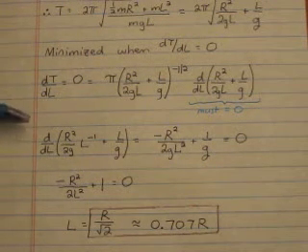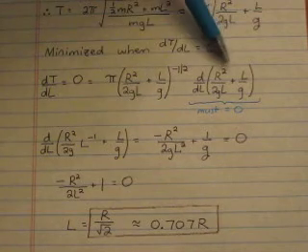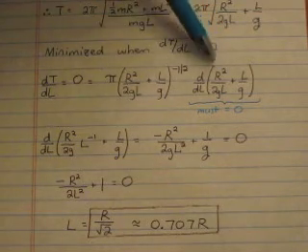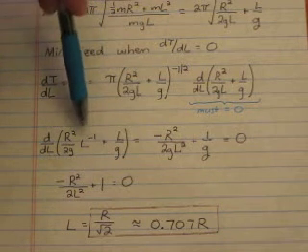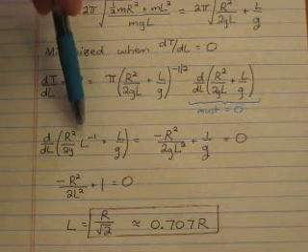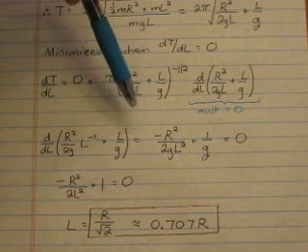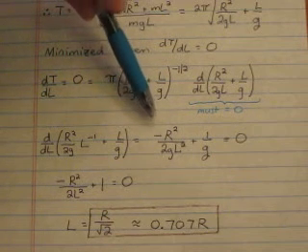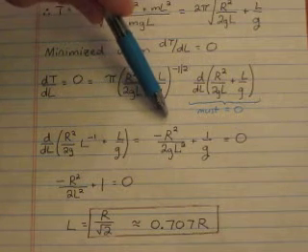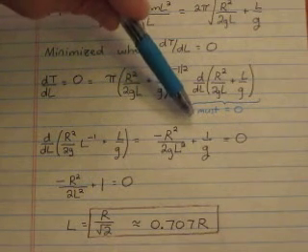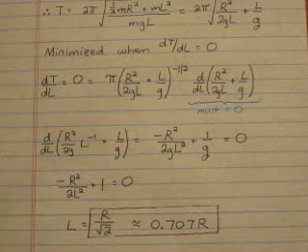So d/dL of what I've got over here, notice I've rewritten it slightly. The L, I've put L to the negative 1 power. That's just how I do the derivatives. And what you should get for that derivative is negative r squared over 2gl squared plus 1 over g equals 0.